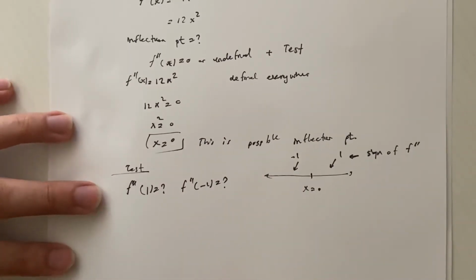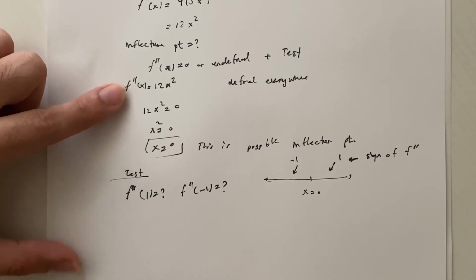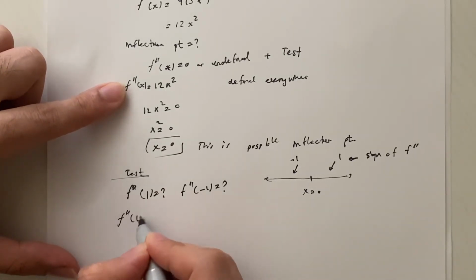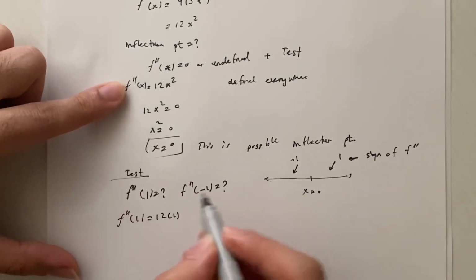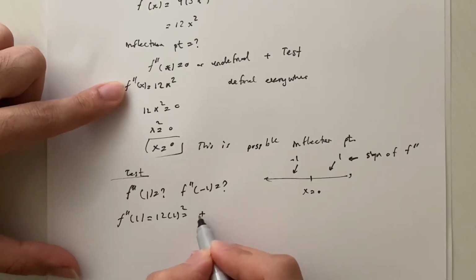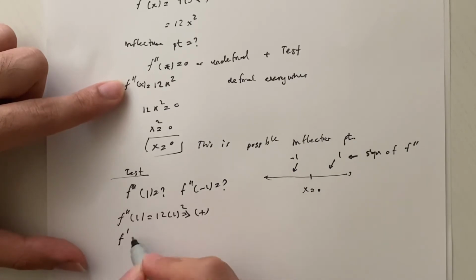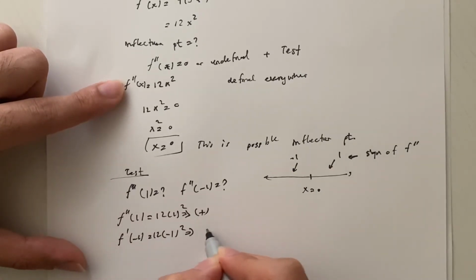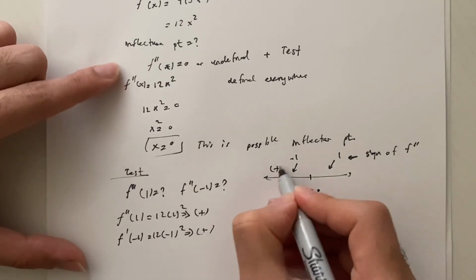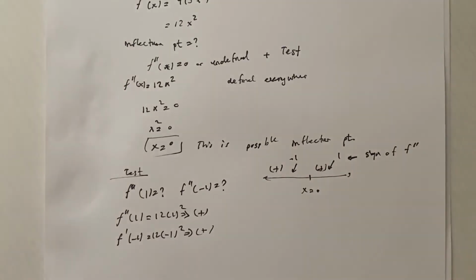These are just randomly selected numbers. So for 1, the second derivative is going to be positive, and then at minus 1 the second derivative is also positive since it's squared. So we can see the sign of the second derivative does not change.